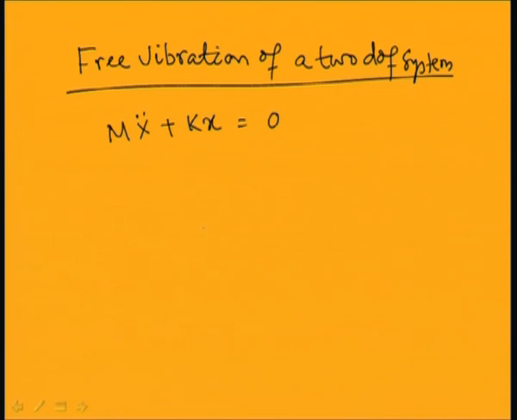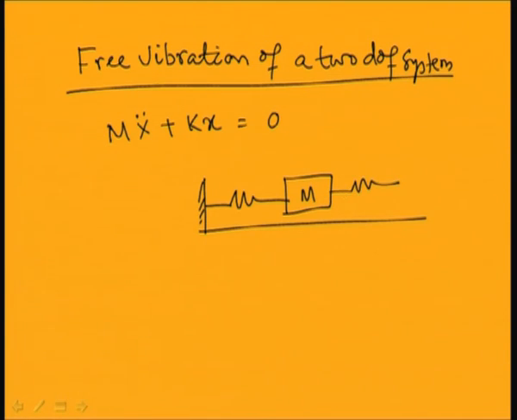So, let me take this simple spring mass damper system, with mass m1, and I have already derived the equation of motion for the system. This is k1, this is k2, this is k3.